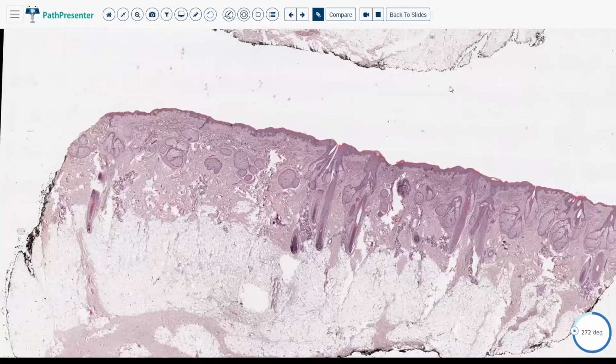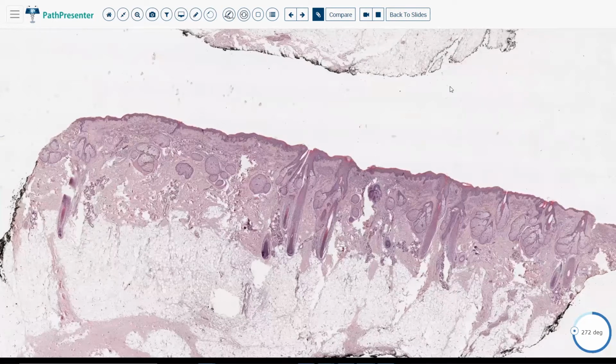So let me just use the annotations again, the marker here. Very good. So let's say your lesion started somewhere here and ended there. If you have a large junctional nest here, you should also have a junctional nest here. If you have a small nest here, you will end with a small nest here. If you have a lentiginous melanocytic proliferation, cells in continuity, then you will also have it on this side.